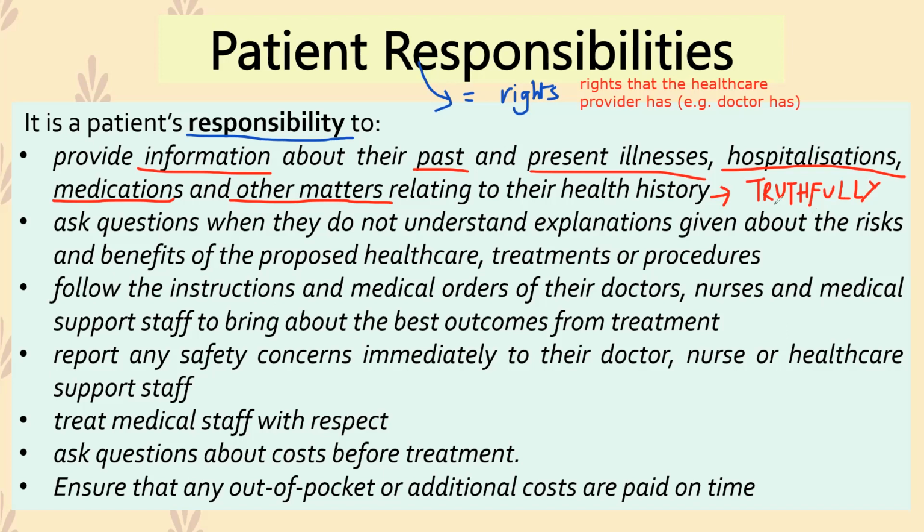So it's really important to make sure you answer these truthfully, because otherwise the only person that's going to get affected is you by withholding information. Okay, it's also your responsibility as a patient to ask questions.